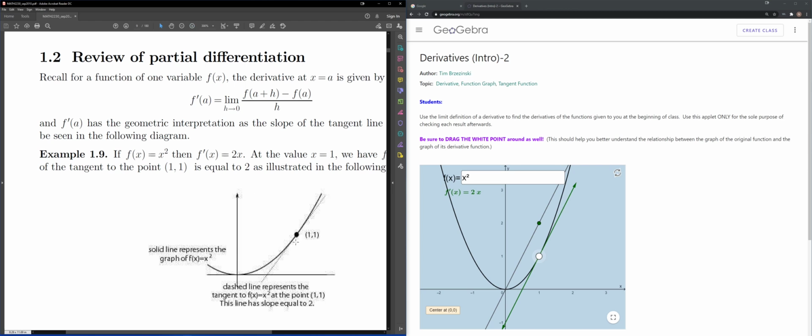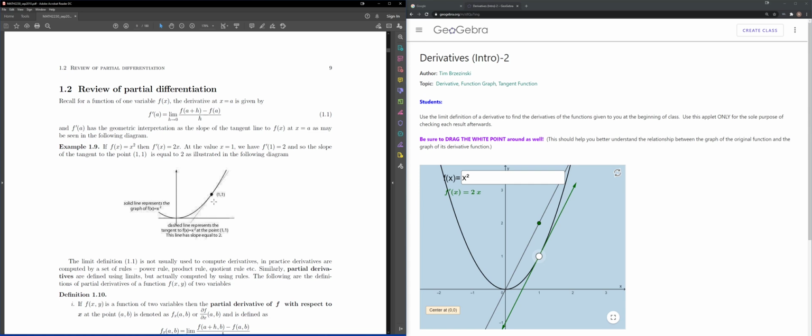So the point on the graph for x equal to 1 is the point (1, 1).